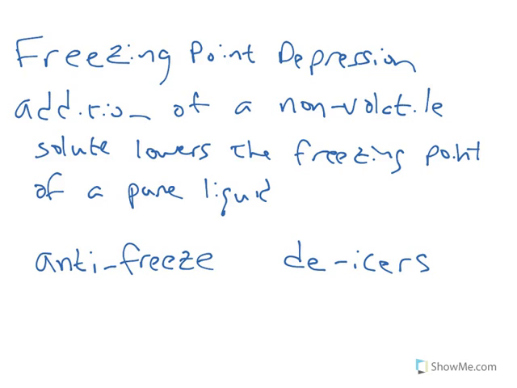Fortunately, table 11.2 is going to come in handy again, because not only does it have your boiling point elevation constant and the boiling points of pure solvents, you're also going to find the freezing points of pure liquids there, as well as a necessary constant called the freezing point depression constant.